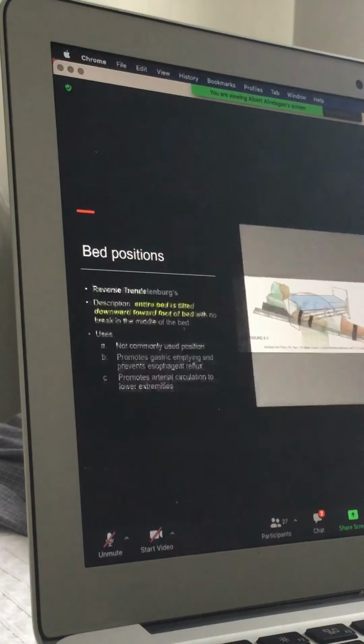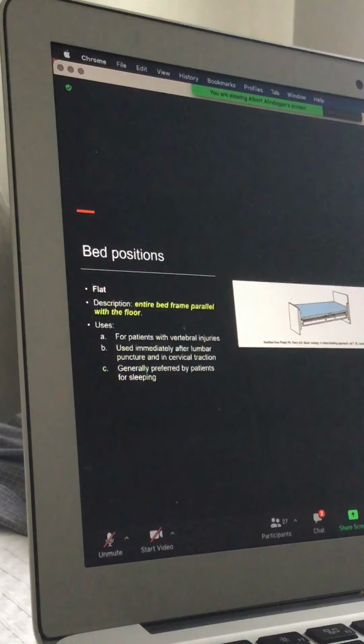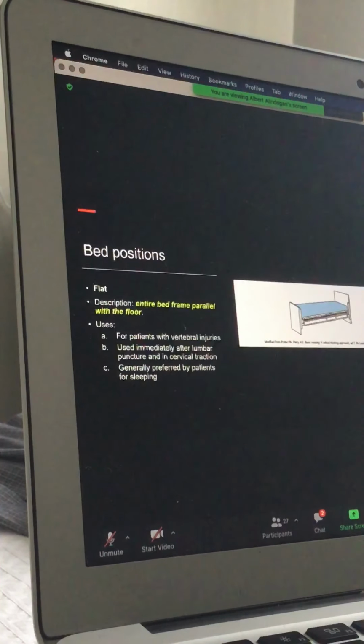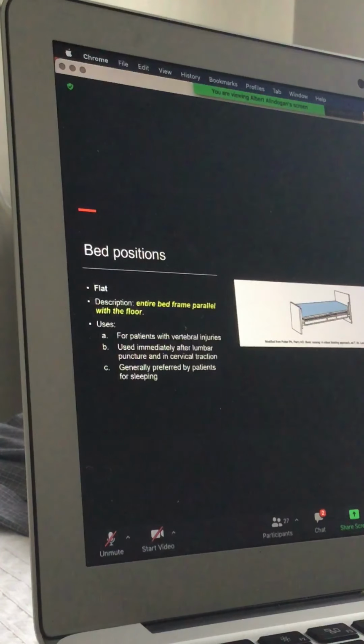All right, so we have a flat position again. This is flat. It can be prone or supine depending on which aspect they're facing. So prone meaning what? What is prone position? Flat on the stomach. They're on their stomach, right?